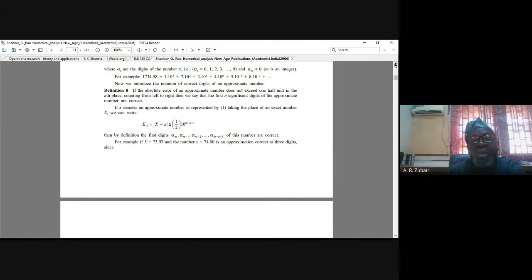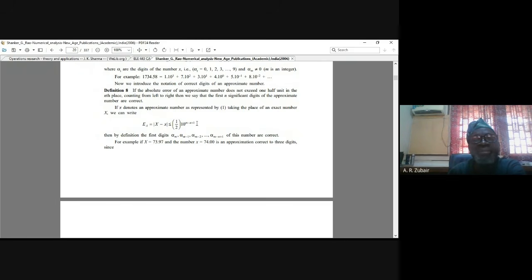m is equal to, minus 3, then plus 1. Let's see what they are writing here. When you are reading this book, you have to take your time to follow it. They say that in this case, m minus n plus 1.